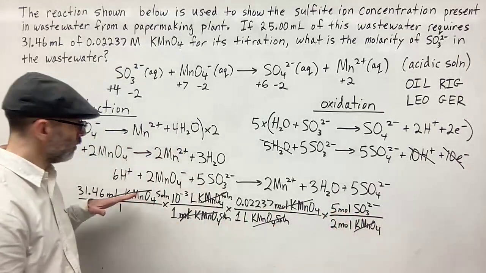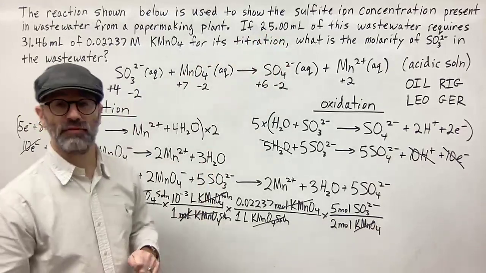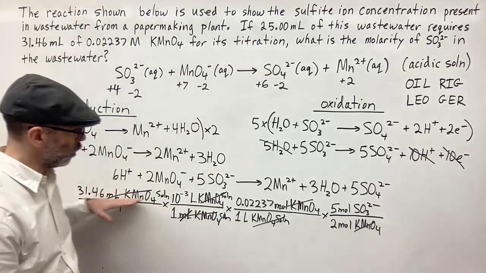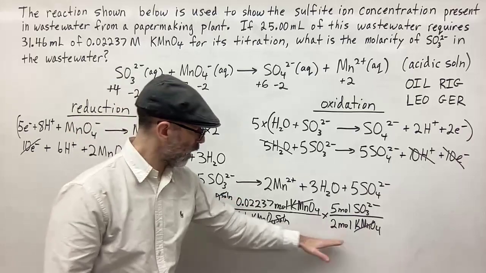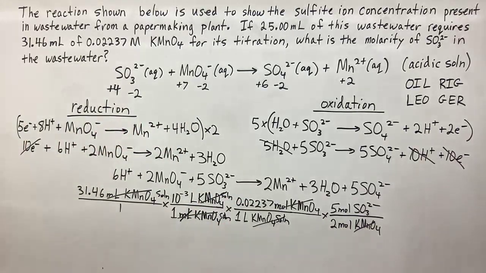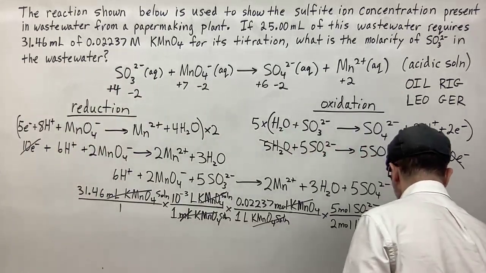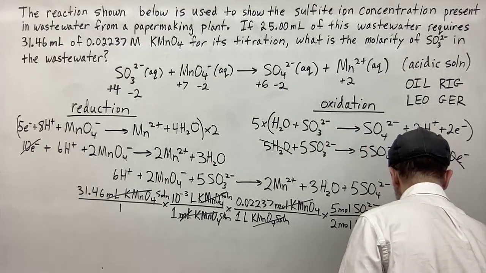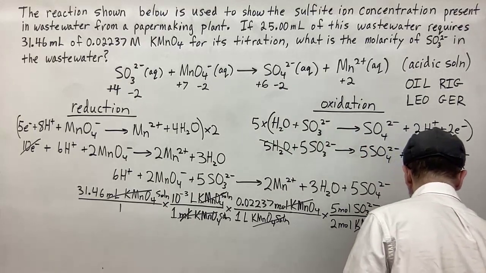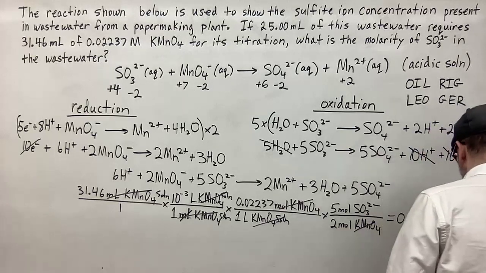So now to calculate the moles of sulfite in 25 milliliters of the wastewater, all I need to do is multiply on top, divide on the bottom. I get my answer. And when I do that, I get 0.0017594 moles.